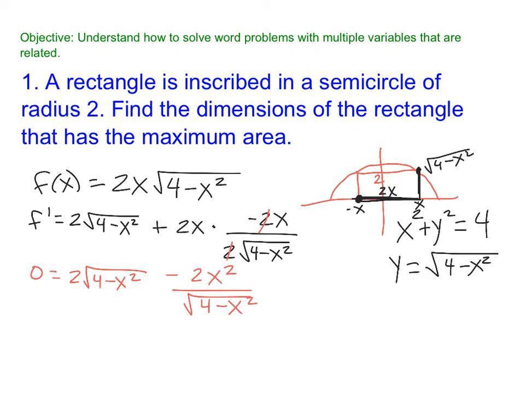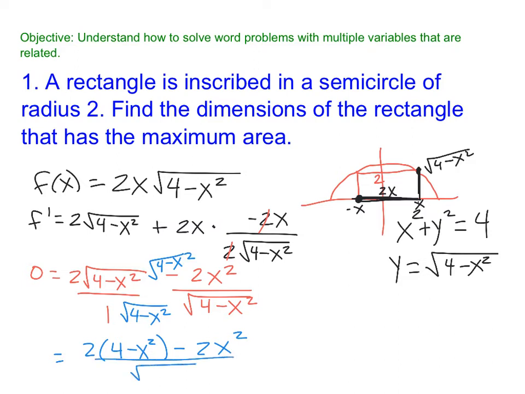So I need a common denominator. So I'm going to multiply that left fraction by the square root. So we get 2, the square root cancels out. Now I'm not going to worry about the bottom because it's going to be over here. So it's really the top that we're setting equal to 0.